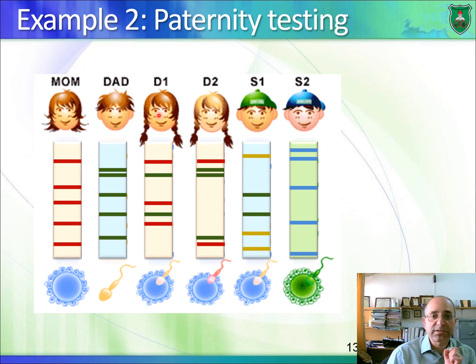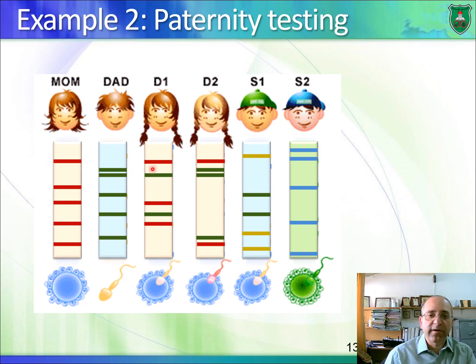Well, let's look at this girl right here. The question is, is this girl the true daughter of this couple? Well, let's see. Now, all fragments that are generated from the daughter's DNA must come from both parents collectively. So this fragment right here has the same size as the fragment that comes from the mother's DNA.